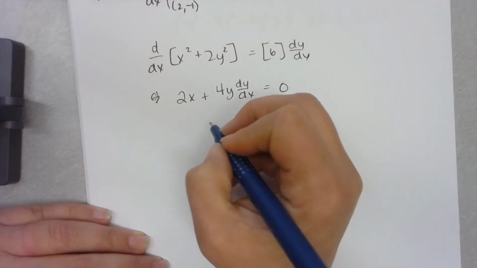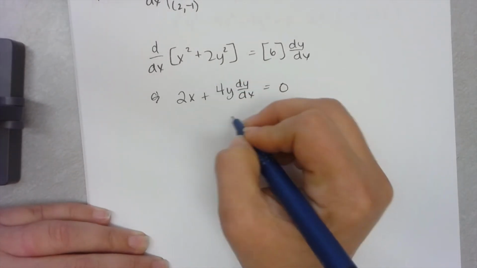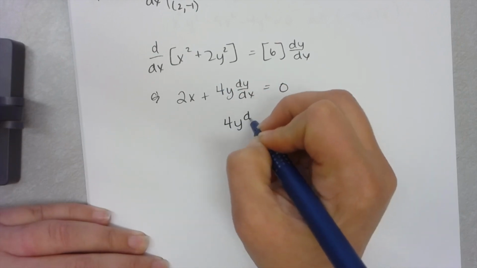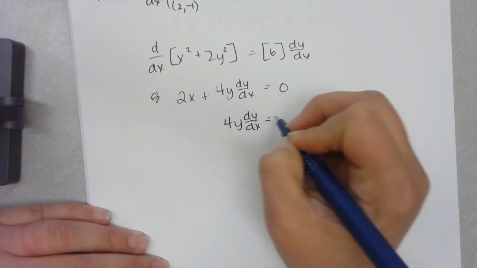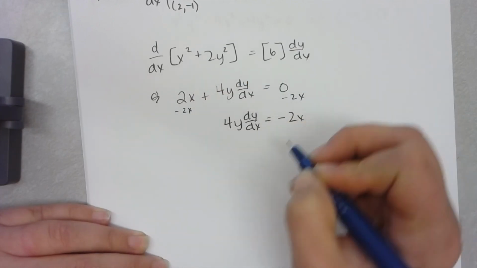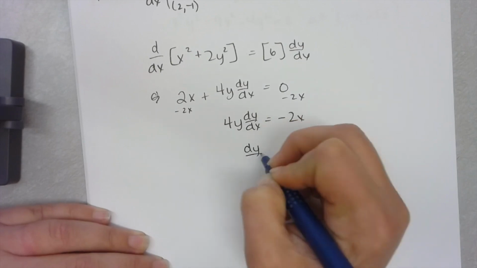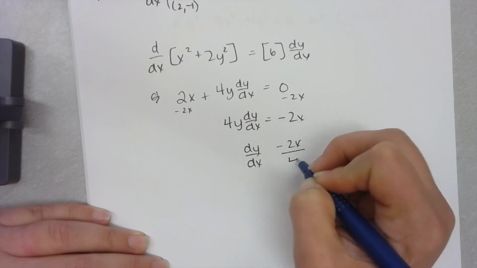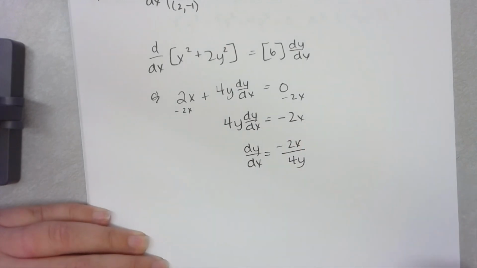Now I only have the one dy/dx term, so I'm going to subtract 2x from both sides. 4y dy/dx equals -2x. And I'm going to divide by 4y, and this is my dy/dx.